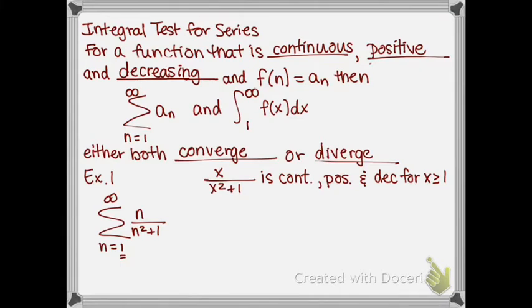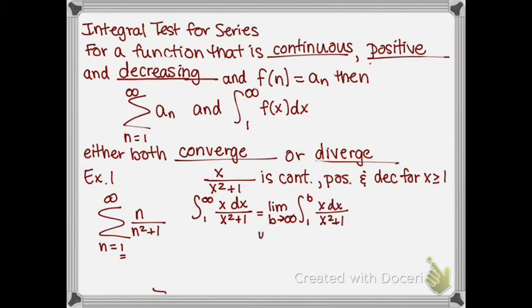Now we're going to integrate that from 1 to infinity. The integral test is not on the AP test this year, but very likely you could see an improper integral. So let's go ahead and integrate. Before we do our u substitution, let's rewrite this as the limit as b goes to infinity of the integral from 1 to b of x dx over x squared plus 1.